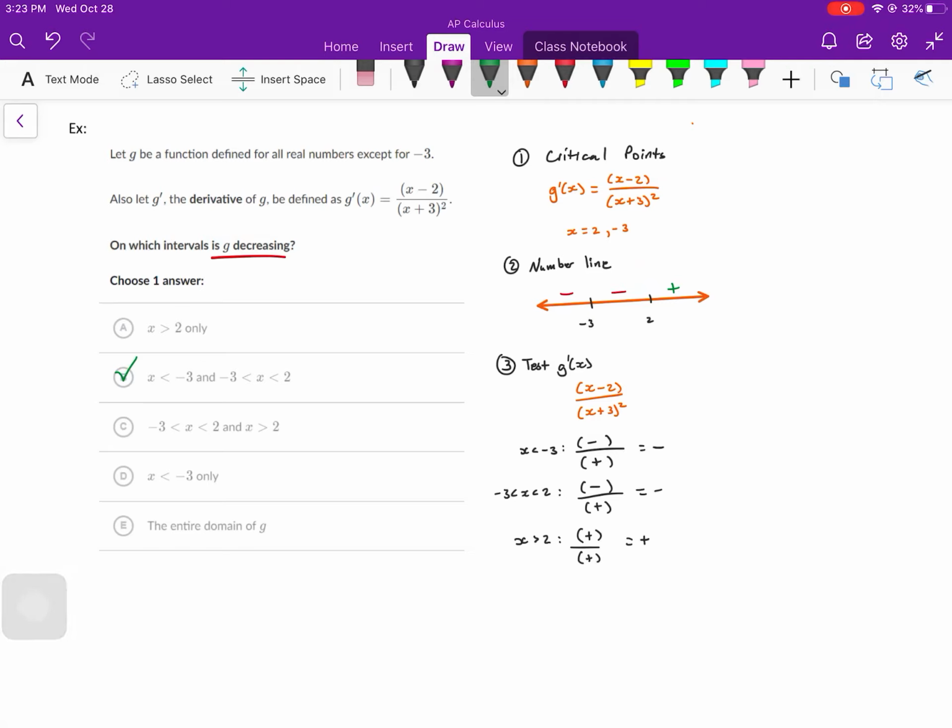Remember, like I said, there's two different categories of that, but I think for AP, we're counting this as not increasing at that spot because the derivative is 0, which makes more sense. We're talking more about the strictly decreasing or strictly increasing. So anyways, that would be the answer. You want to split those up. Khan did fix that. They didn't have it fixed before. And that's it. That's where it's decreasing.